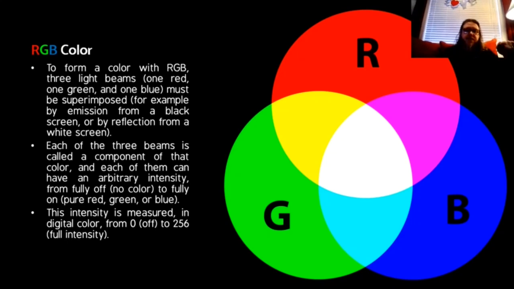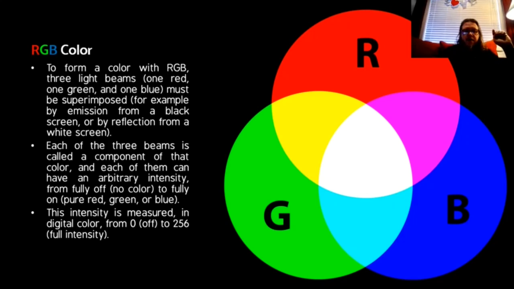Each of these 3 beams is called a component, and that's a term that you should become familiar with, right? A component of that color. So we will talk about the red component of a photograph, or the green component of a photograph, or the blue component of a photograph.